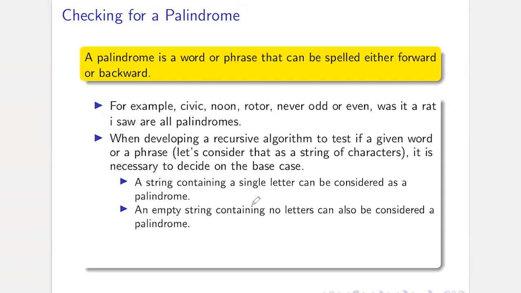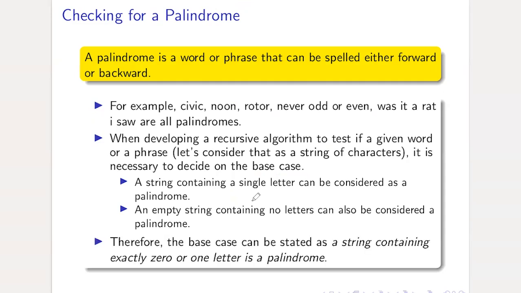So we can consider as our base case the scenario where we are having either a single letter or no letter, right? So now we can write our base case: a string containing exactly 0 or 1 letters is a palindrome. Okay. So this is our base case, which we are formally writing down.